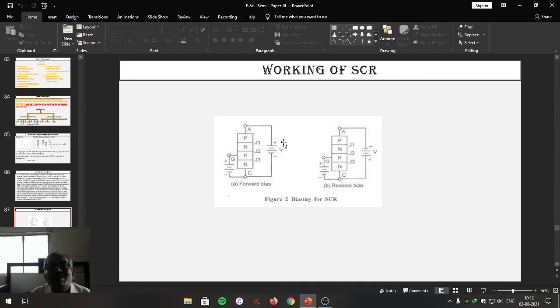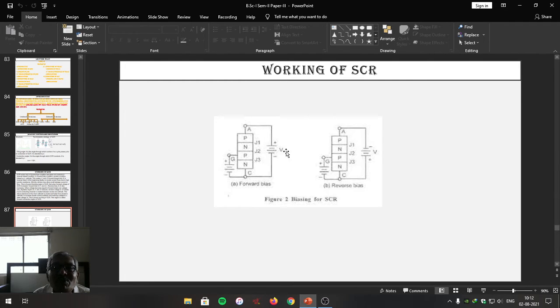When this external applied voltage VAK becomes equal to a certain minimum voltage, junction J2 will break down and J1 and J3 allow charge carriers to pass from cathode towards the anode, and suddenly at that particular voltage the anode current starts increasing. And when the anode current suddenly increases, we can say SCR is in fire, or we can say SCR starts conducting the current.